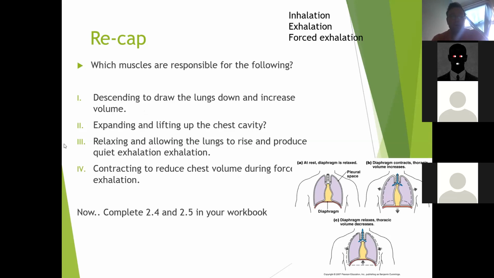Which muscle is responsible for relaxing and allowing the lungs to rise and produce quiet exhalation? I'll put exhalation twice; I'll try and correct that in a short while. And then lastly, which muscles are responsible for contracting to reduce chest volume during forced exhalation?